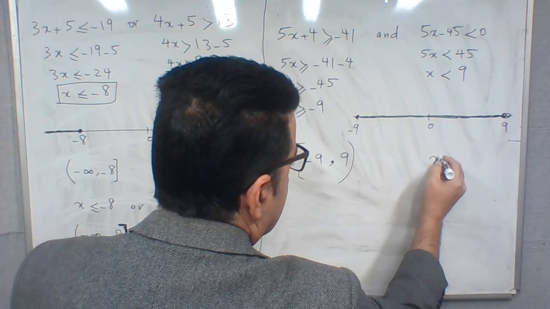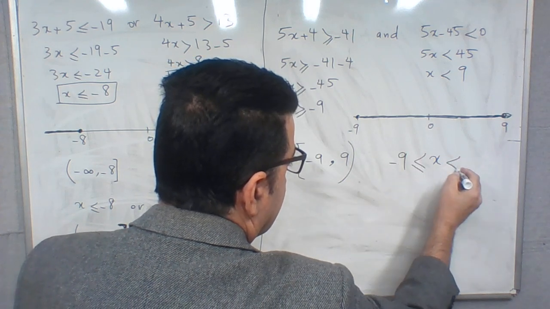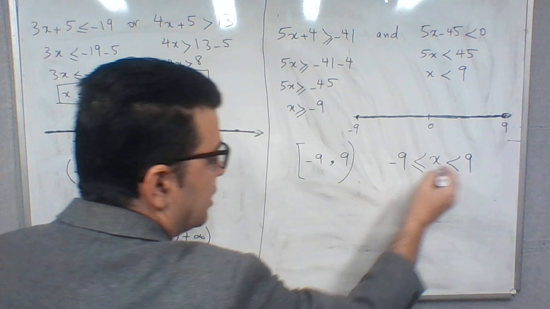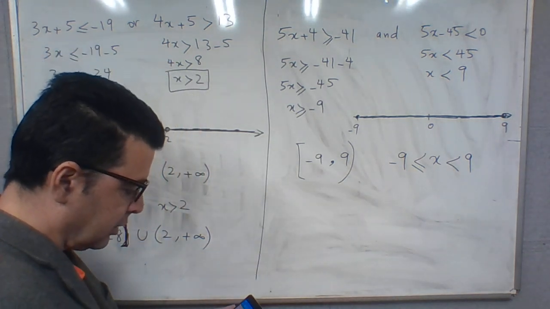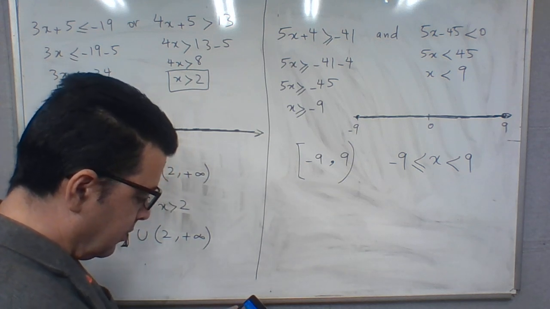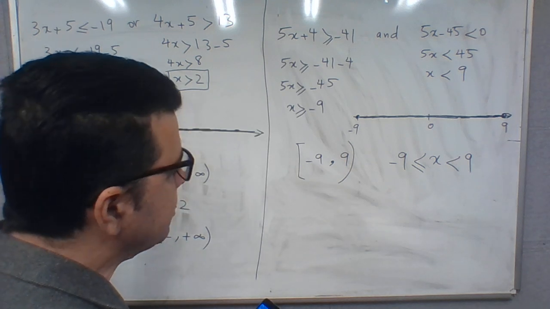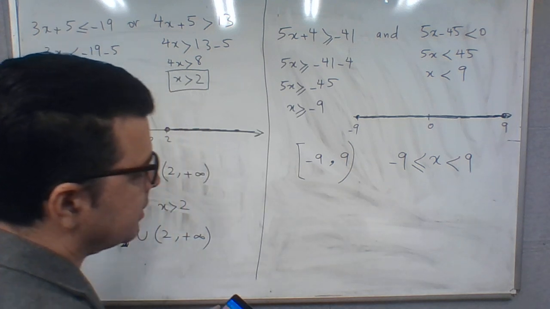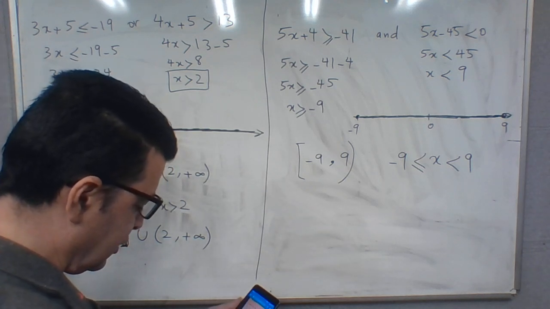So x greater than or equal to -9 and less than 9. So this is the inequality notation. And this is the answer. So this is finished.